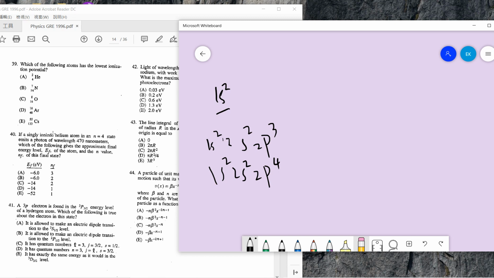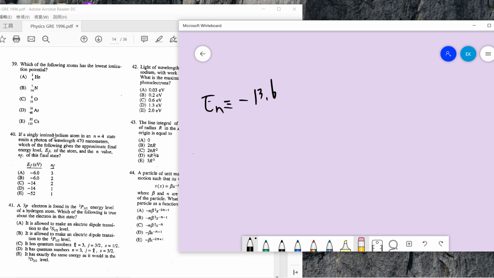Okay. 40. If a singly ionized helium atom is excited to n equals 4 and emits a photon with a wavelength, which of the following is the approximate final level? So this is a hydrogen-like atom. Your Bohr theory tells you the energy levels of the ionized helium atom.